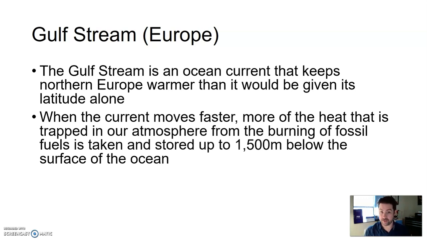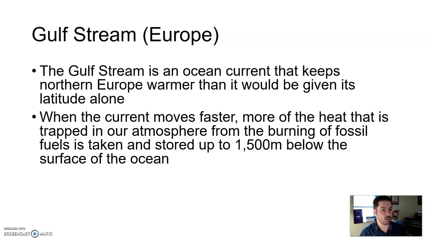When the current moves faster, in its faster state, more of the heat that's trapped in the atmosphere from the burning of fossil fuel, human-caused climate change, is able to be dragged down below the surface, 1,500 meters below the surface, by that Great Ocean Conveyor Belt and from that water sinking down.